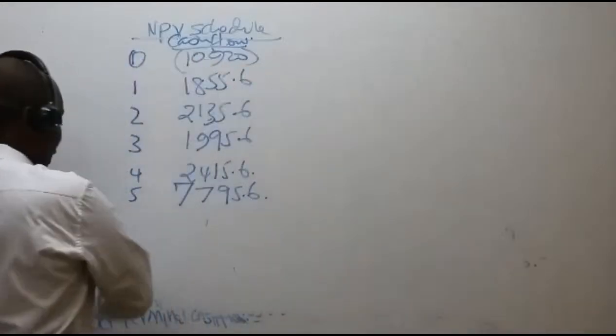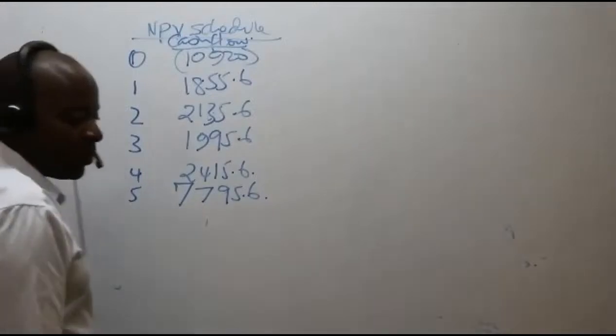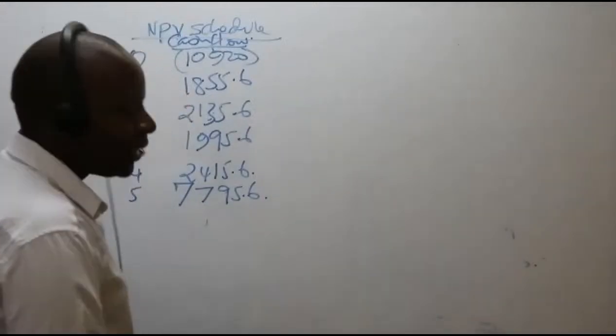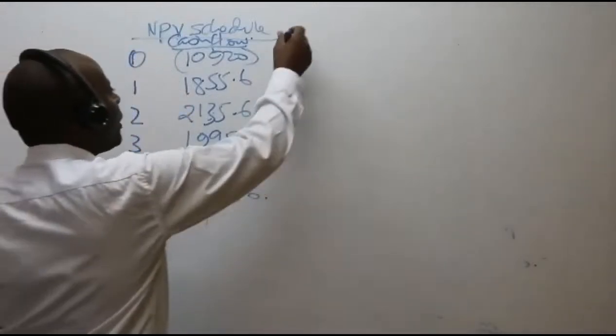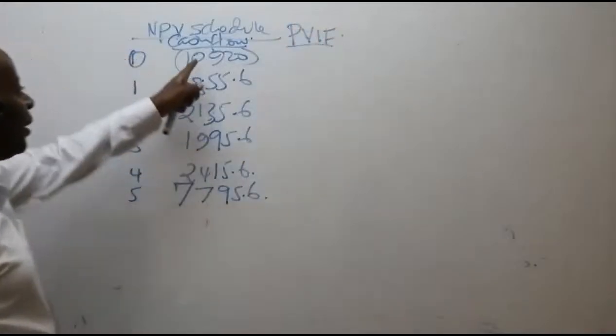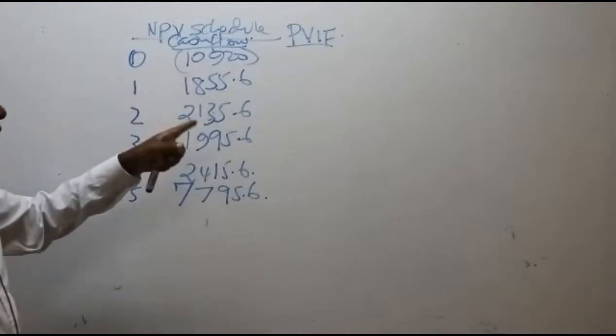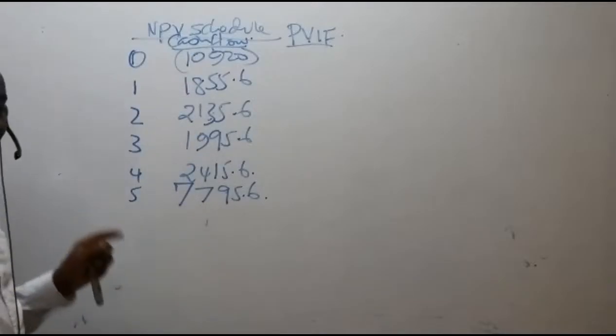Now, ladies and gentlemen, after that, what do we do? Come right away here and discount. We are discounting using the PVIF, because you can see these cash flows are irregular. So we are going to use the present value interest factor, the PVIF.